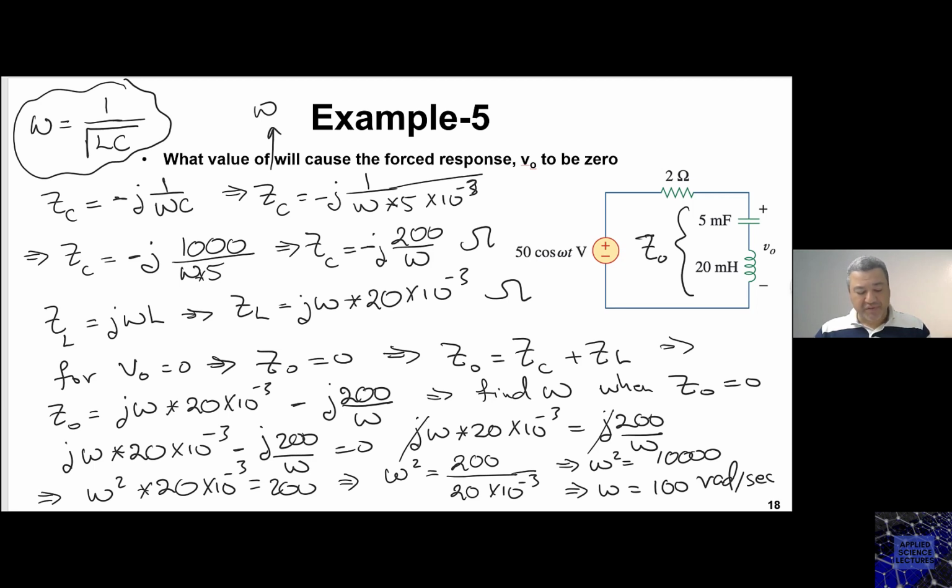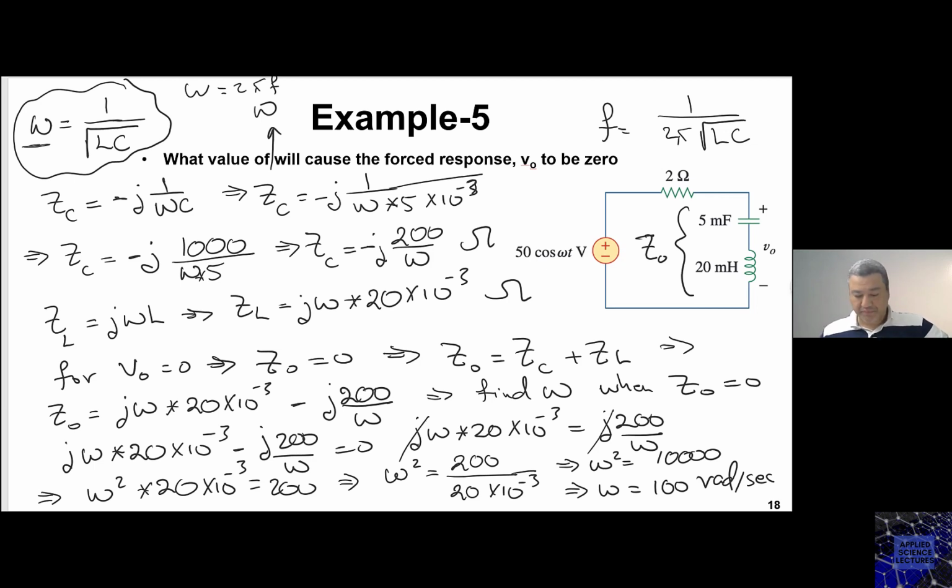So at this resonance frequency, and this is the angular one, right? If you want to calculate f, it would be 1 over 2 pi, because we know that omega equals 2 pi f.